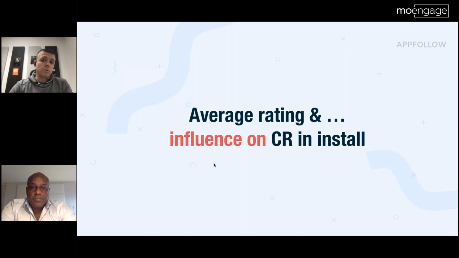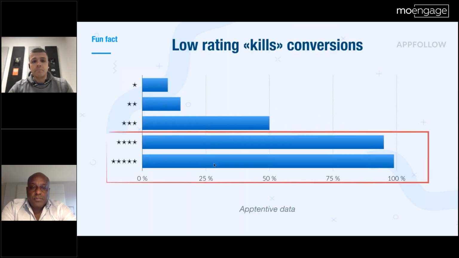So when someone searches for an application, they're looking for something that has a high rating, and when we speak of high rating, we speak of something like 4, 4.5, or 5 stars. 5 stars is kind of an exception on the app stores these days, but having something between 4 and 4.5 is good. And I'm pretty much convinced that if you are searching for an application and you see a rating with 1, 2, or 3 stars, then most likely you will avoid installing this application on your phone.